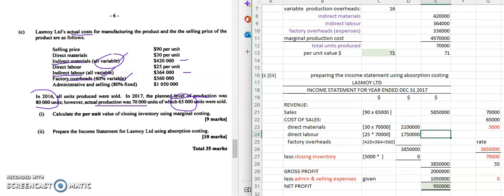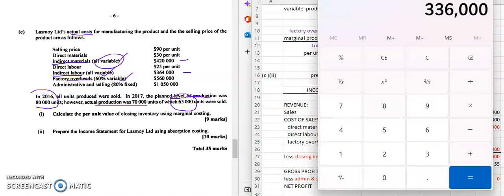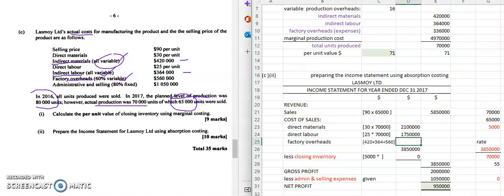So what's this added together? All right. So let's add that quickly. Can't do that in my head. So let's work it out. So we got 420 plus 364 plus 560. So that gives me 1,344,000.